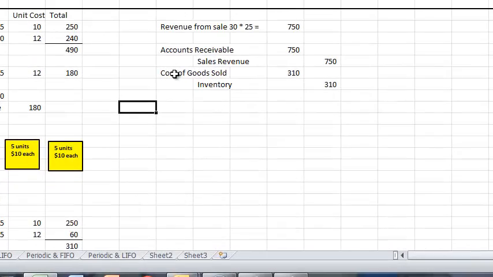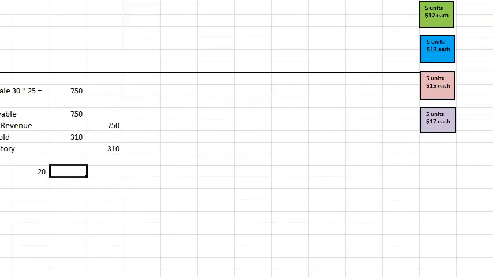Now the next thing that's going to happen in our business is on March 8th, we're going to purchase 20 units at $13 each. So the total cost of our purchase, 20 multiplied by 13, gives us $260. So our $13 units are in blue.